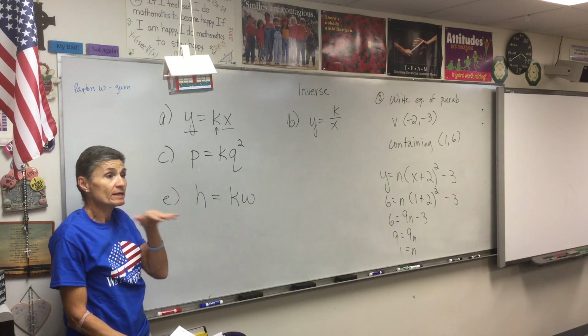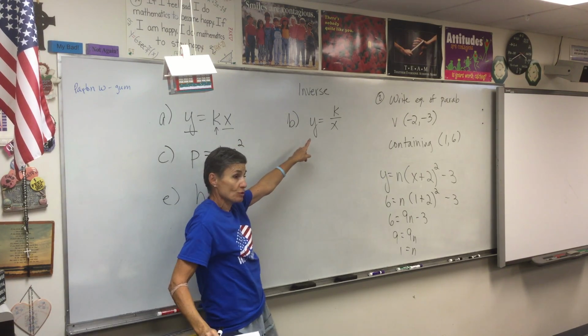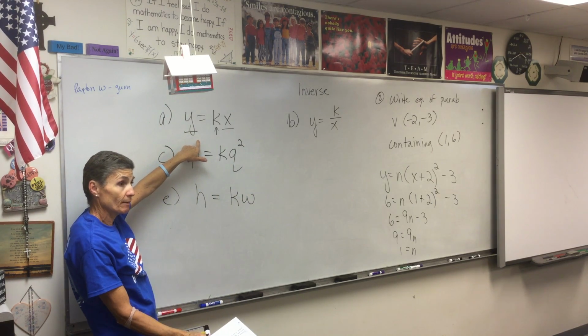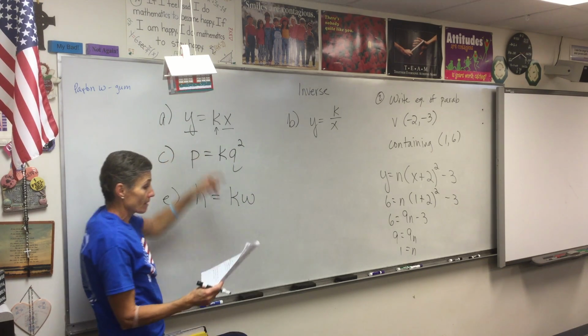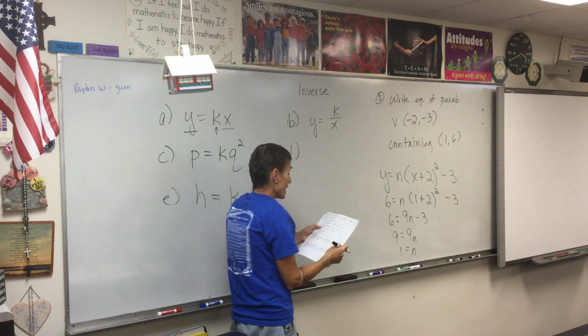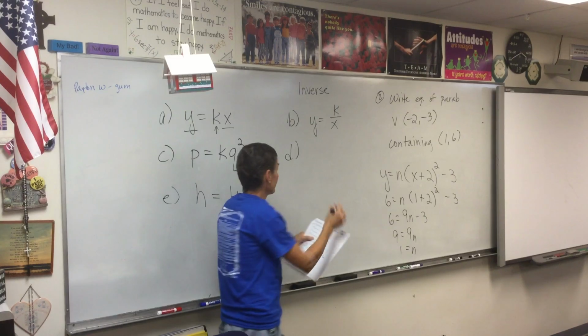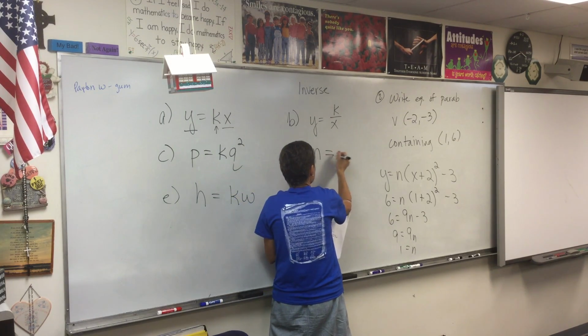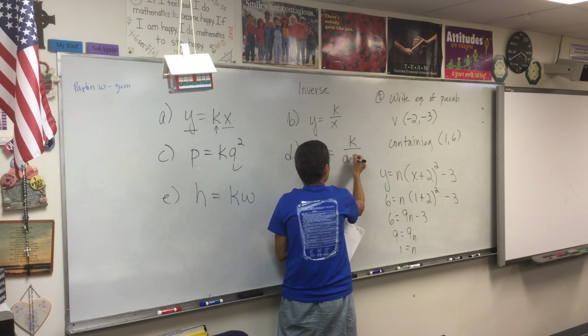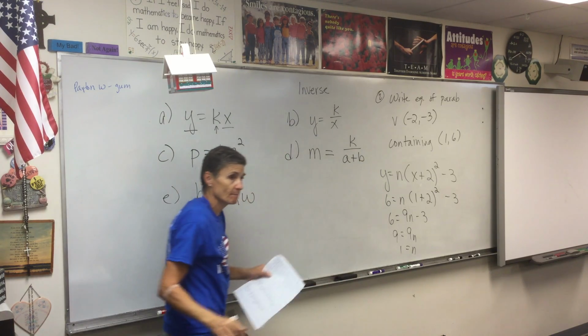So when things vary inversely, that's your setup. If they vary directly, this is your setup. So look at D. M varies inversely, so M varies inversely as the sum of A and B. There it is.